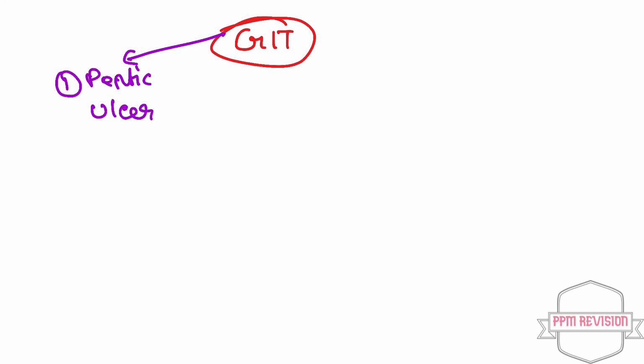Okay, absorbents, anti-secretory, anti-motility. Now what I will be doing is summarizing the entire outline of what we have just covered. So firstly, in case of the GIT, the main diseases encountered are, firstly, the peptic ulcer. Next, we have also seen the antiemetics.